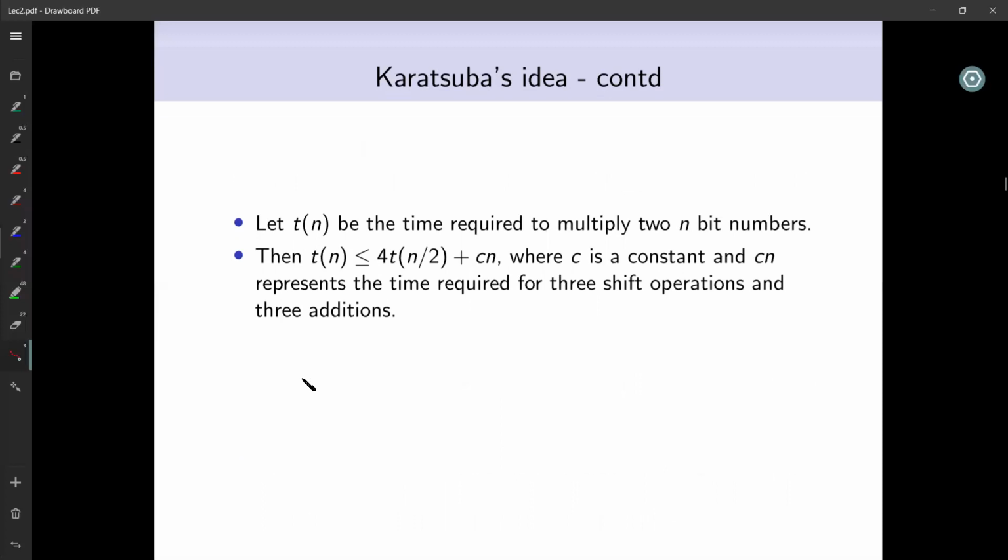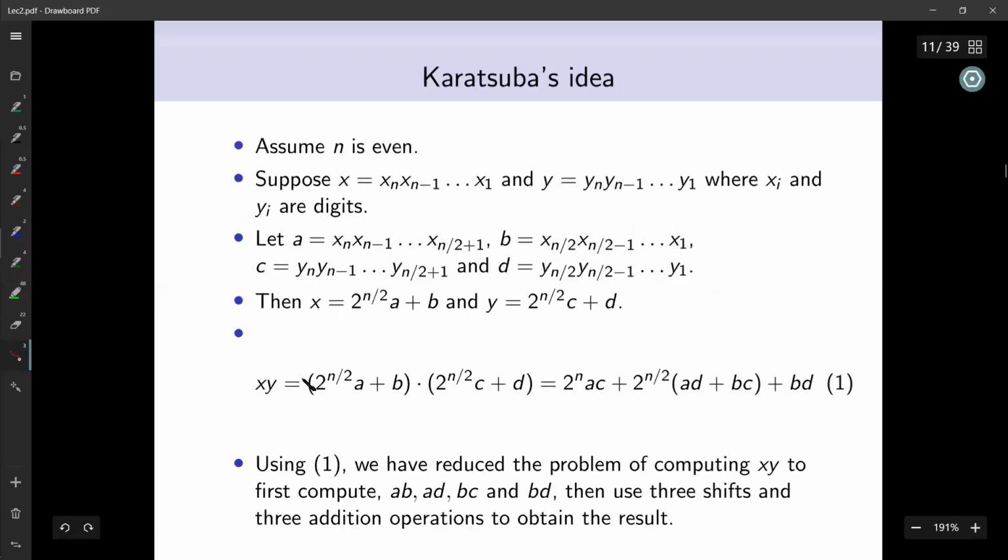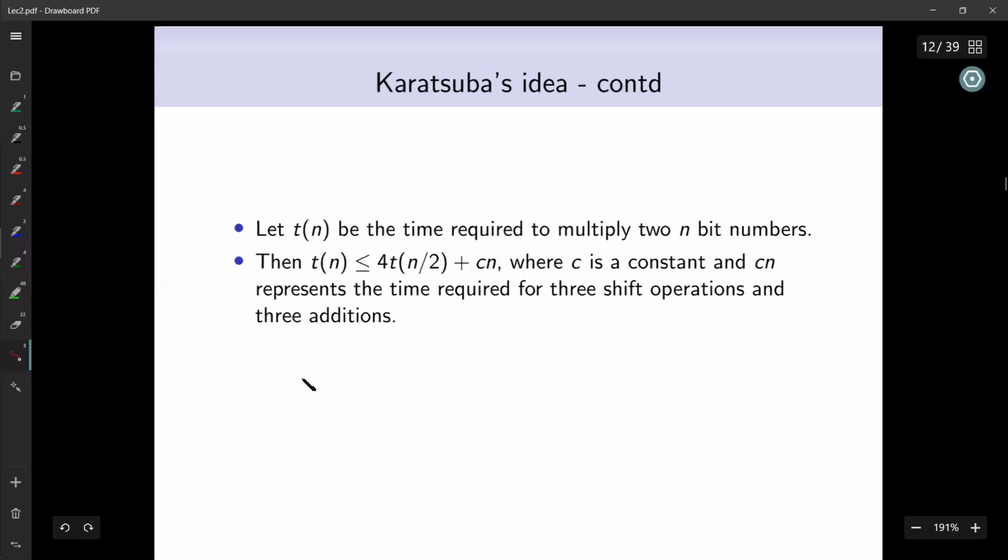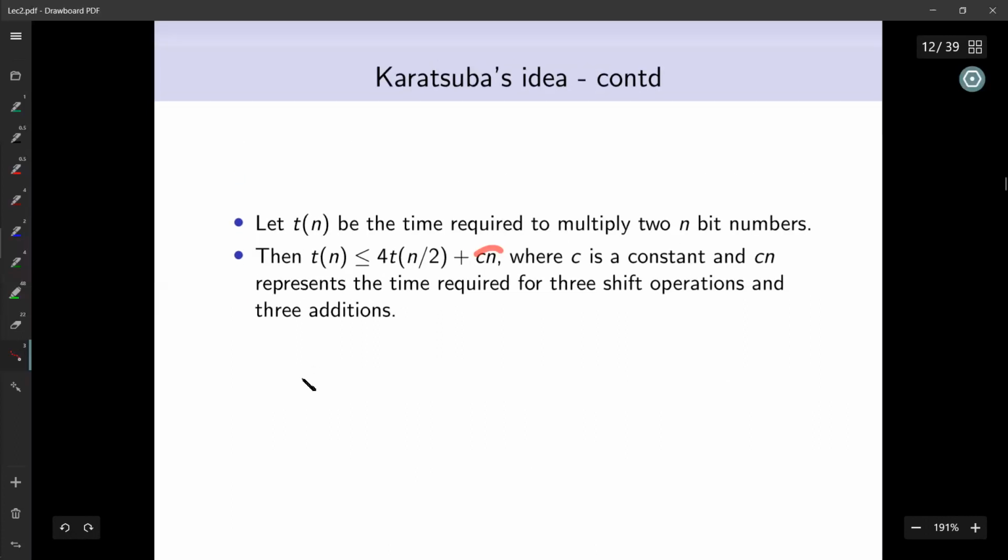Let T(n) be the time required to multiply 2 n-bit numbers. Then using the above expression 1, we can say that T(n) is at most 4 times T(n/2), which is required to multiply ac, ad, bc and bd, plus C times n, where C is the cost incurred for performing the shift operations and 3 additions. So C times n is the overall cost incurred.